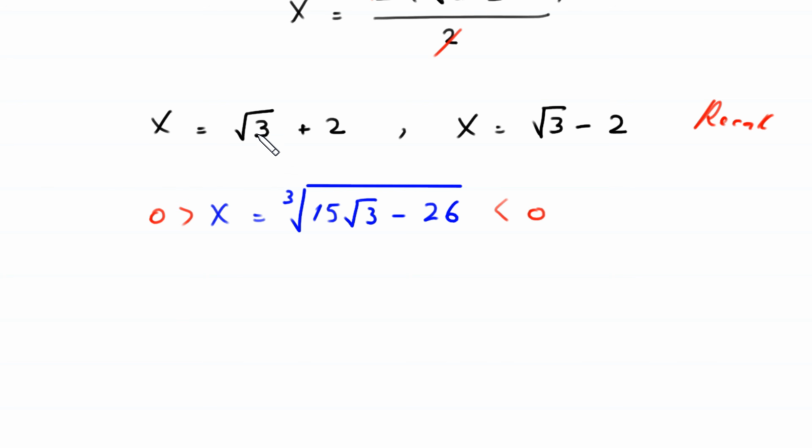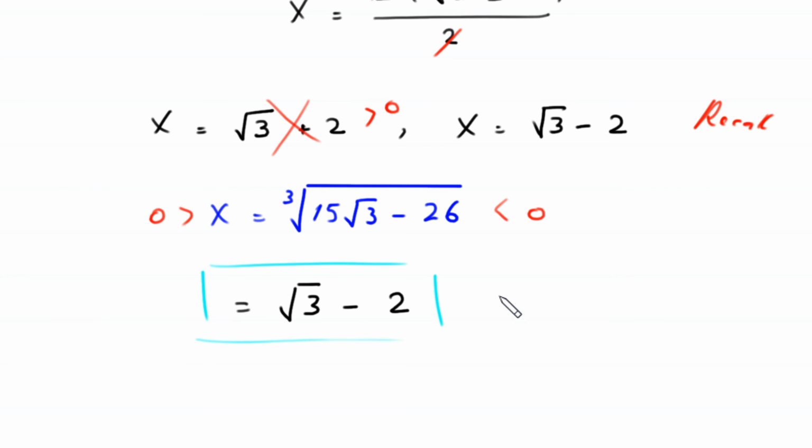The value of x, root 3 plus 2, is greater than 0, so it will be rejected. So this given expression is equal to root 3 minus 2. This is the simplified form, and this is the final answer of this problem.